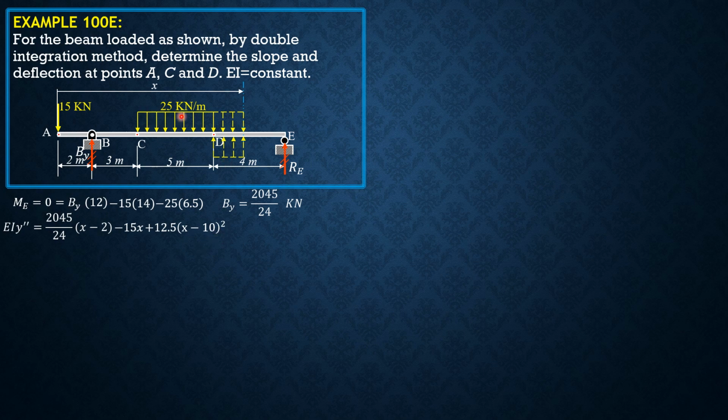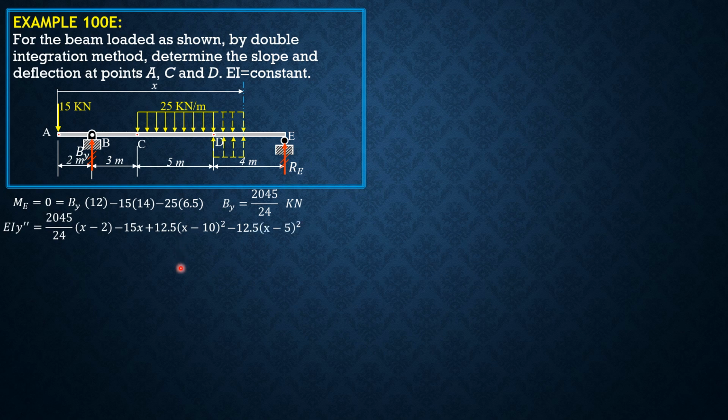And minus the moment of this loading, 25 times quantity (x minus 5). This is 5, so this distance is x minus 5, times moment arm (x minus 5) over 2, so that would be minus 12.5 times (x minus 5) squared.